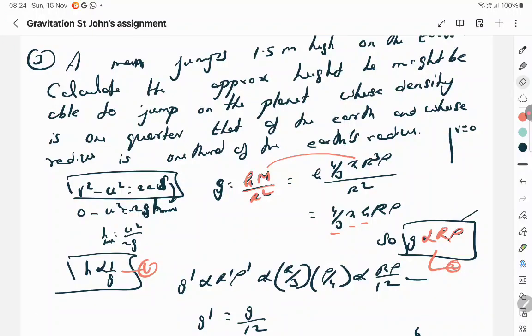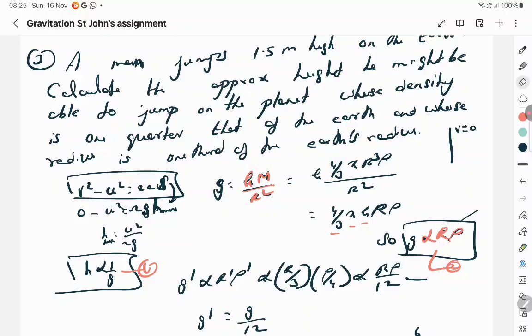Calculate the approximate height that he might be able to jump on a planet whose density is 1/4 of the earth and whose radius is 1/3 of the earth. So there is a planet having density rho dash, which is rho by 4, and radius r dash, which is r by 3. The moment they give density, you know small g is equal to G into capital M by r square, right?